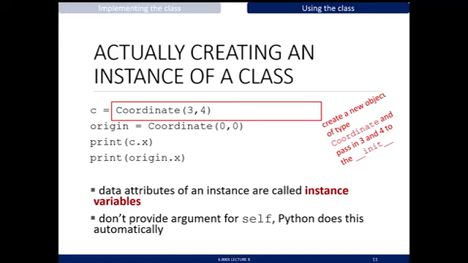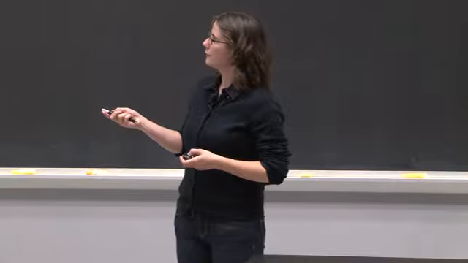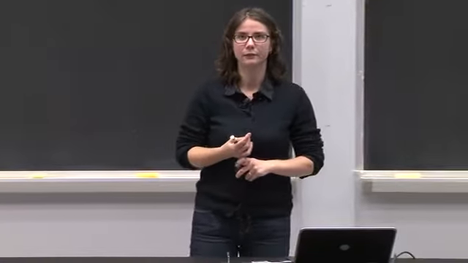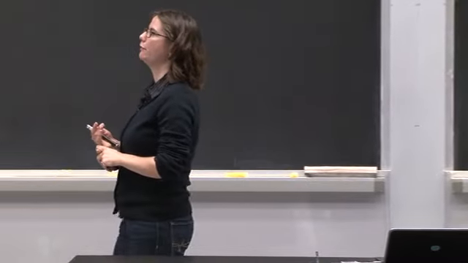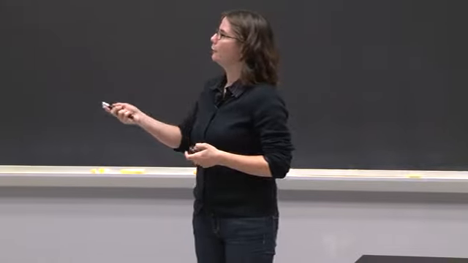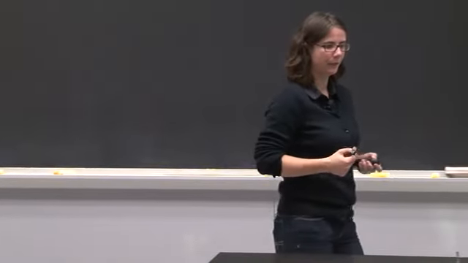Here, this is going to print 3 because the x value for object c is 3, and the next line, print origin.x, is going to print 0 because the x value for the object origin is 0. So we've created a coordinate object, we've defined the init method, so we have a way to create objects when we use the class, and then we can access the data attributes.